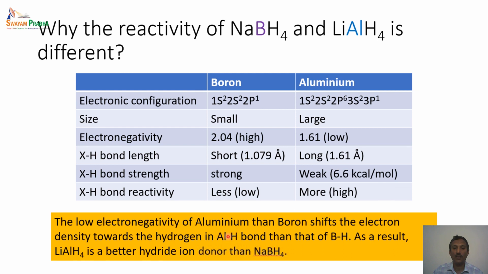That means the electron density on hydrogen is more compared to aluminium in the case of the AlH bond, whereas in the BH bond it is not that much different. So lithium aluminium hydride is a better hydride donor because it has a very weak AlH bond. So this is the reason aluminium hydride is a better reducing agent than borohydride, sodium borohydride.